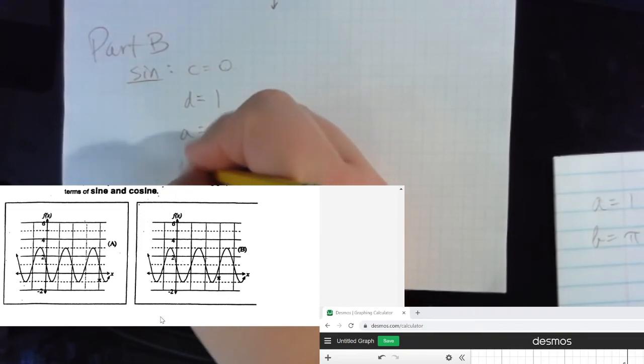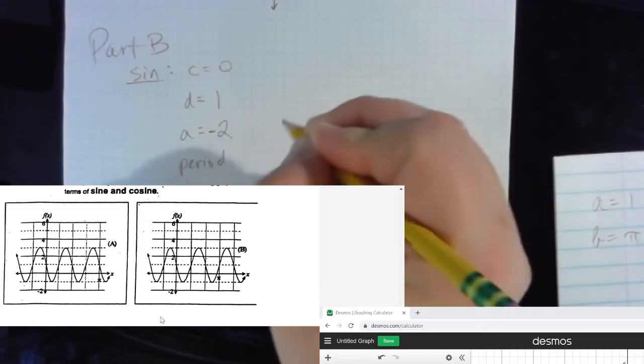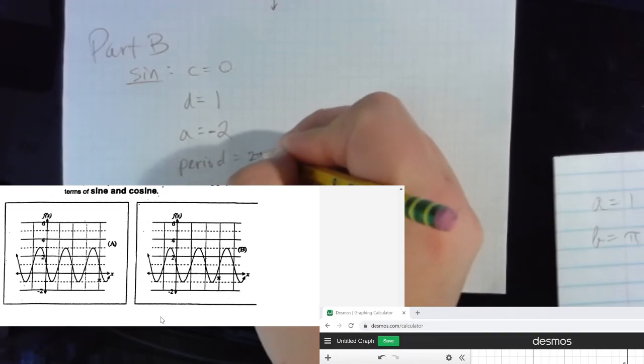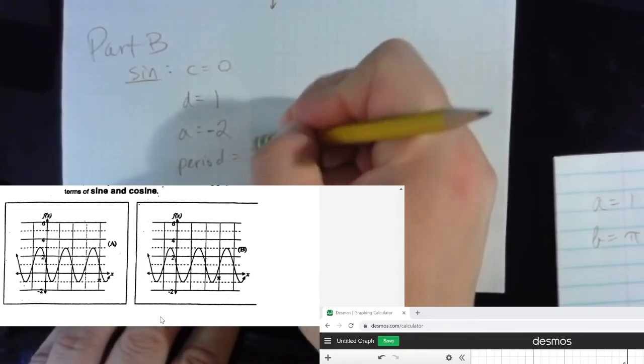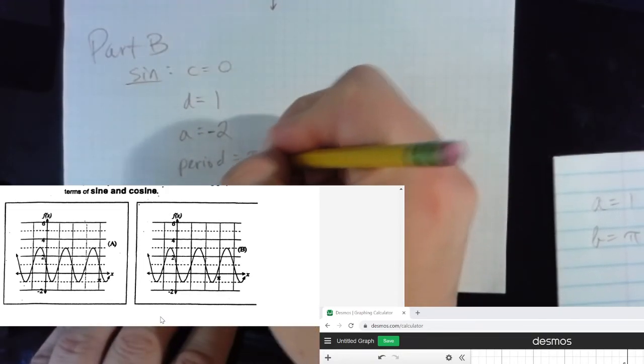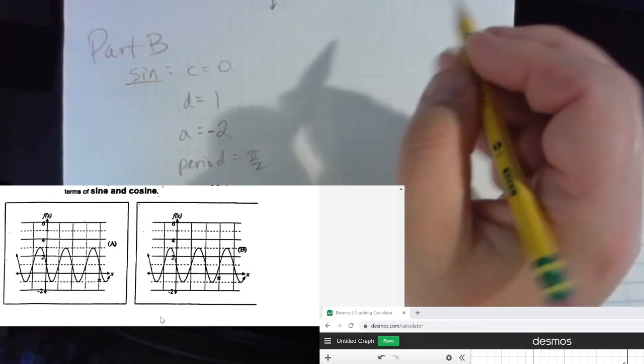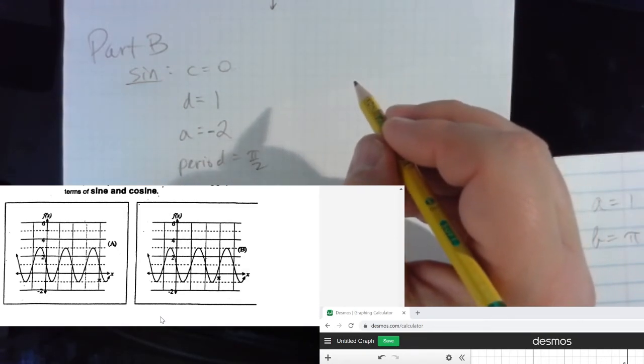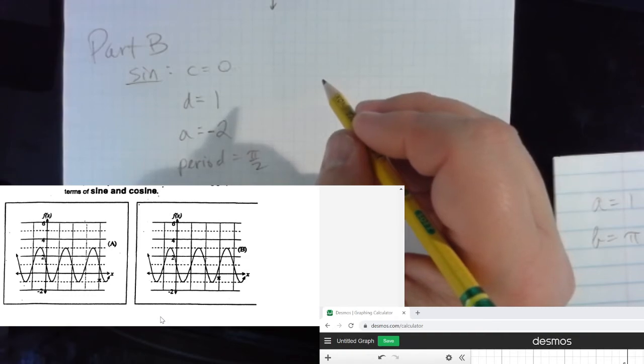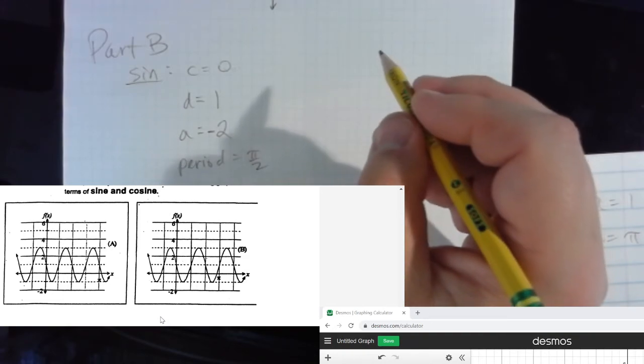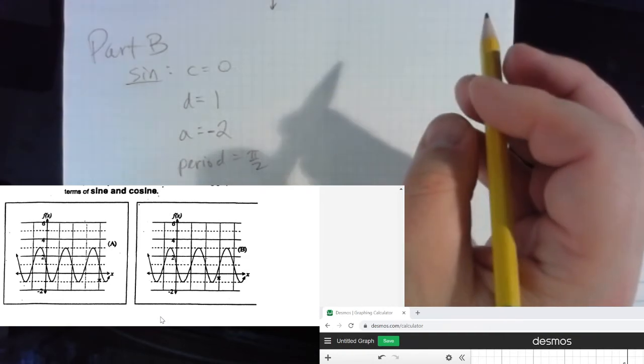So my period is pi by 2. Oops, not 2 pi. I said pi by 2. Right? And again, how do I know that? Because I know looking at the scale, it makes one complete wave in a half of pi, because those are counting in quarters of pi.